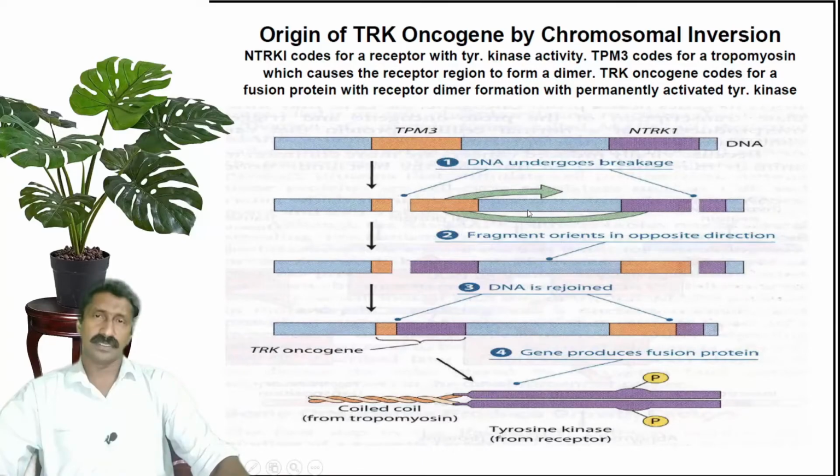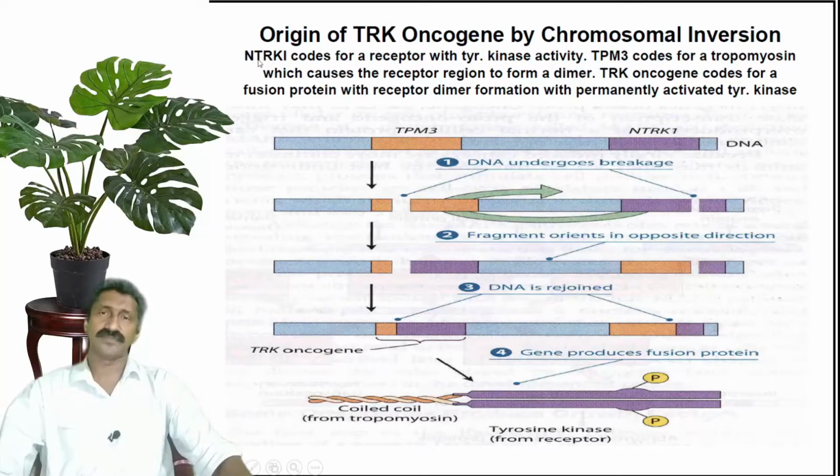Here is another example in which the TRK oncogene is created by a chromosomal inversion event. Here we have NTRK1, which codes for the receptor with tyrosine kinase activity.